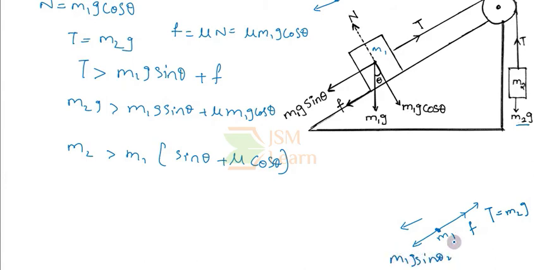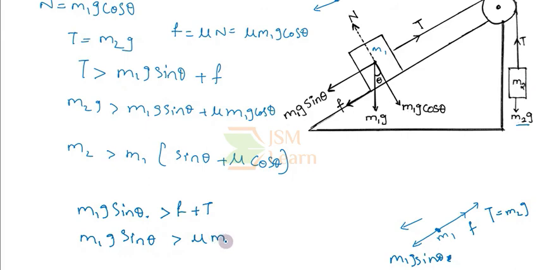So this block m1 will be moving downwards if m1g sin theta is greater than the sum of the frictional force, which is mu m1g cos theta, and the tension, which is m2g.